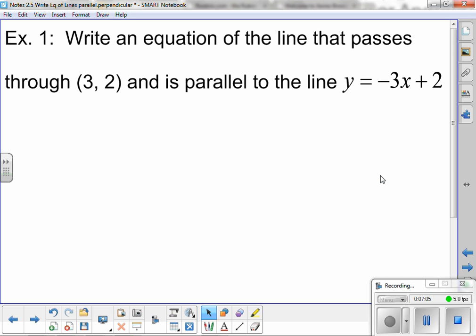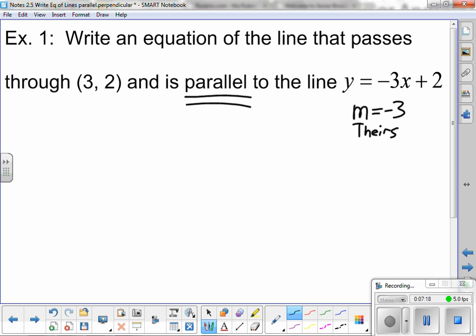Now from their line, we know that their slope is, luckily this is in slope-intercept form, negative 3. This is theirs. Okay? Now, since it's parallel, our slope is going to match theirs.